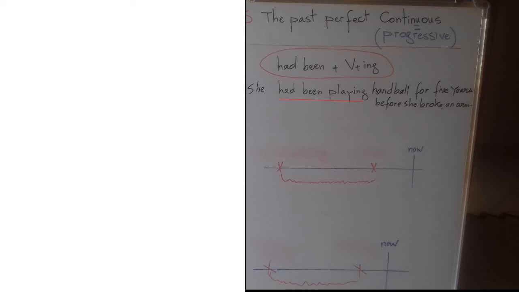Had been playing is one of them, and broke is the second one. In your opinion, which one happened first? Yes, had been playing is the first one and broke is the second one. So this girl had been playing for 5 years, then she broke an arm.